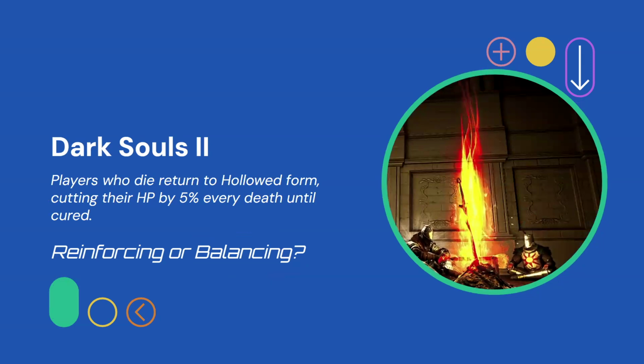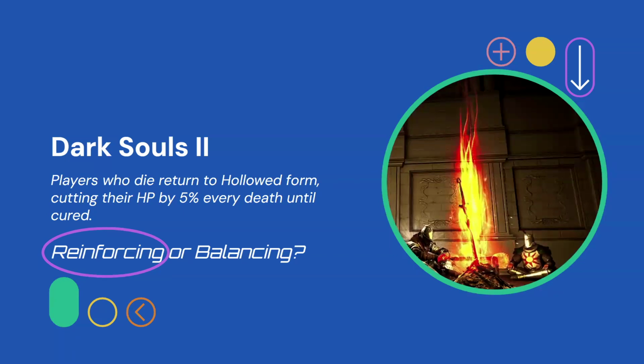The specific example we chose was players who die return to hollow form, cutting their HP by 5% every death until cured. So that's the reinforcing part, the death thing. That's messed up, isn't it? It is so mean. How do you cure it? Is it an item you need to cure that? No.